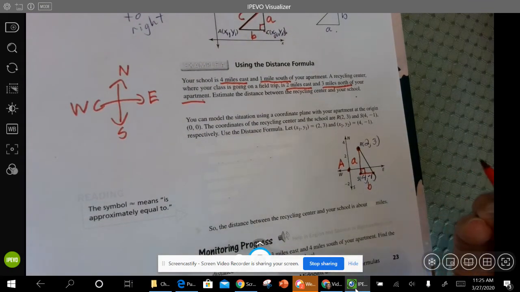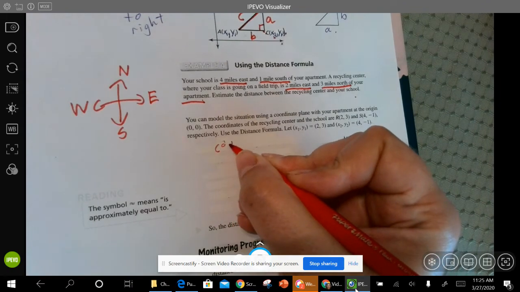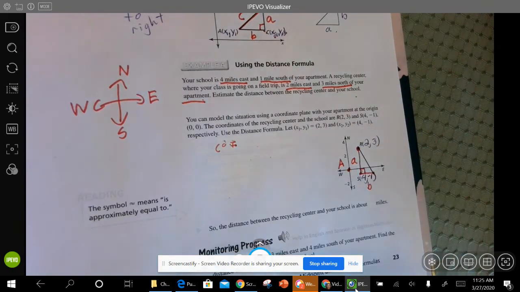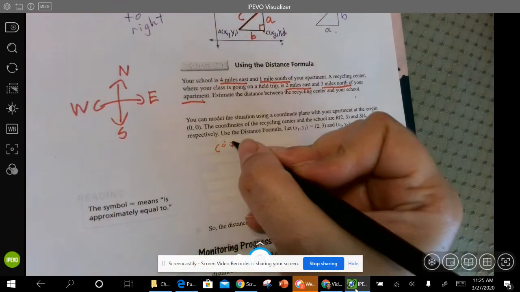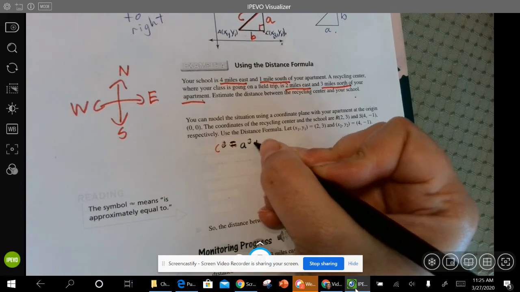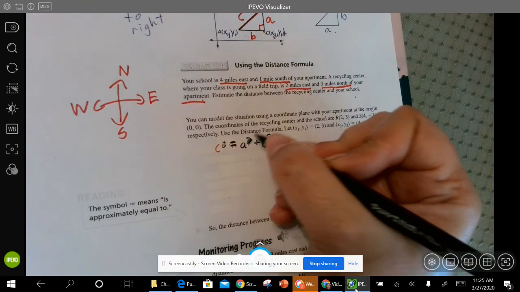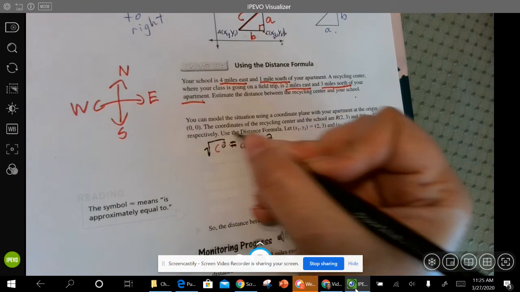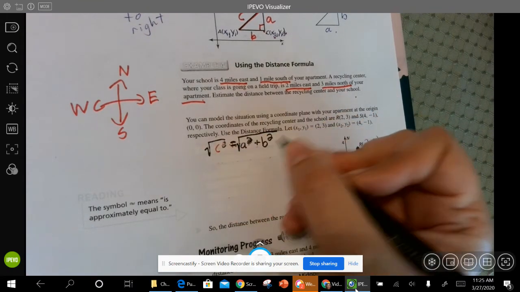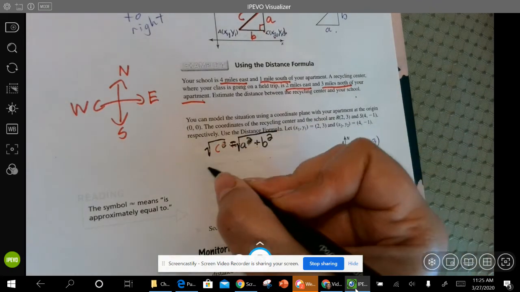So what I want to show you with the Pythagorean theorem, if we take the square root of each side, we're going to get, so it's the vertical distance.